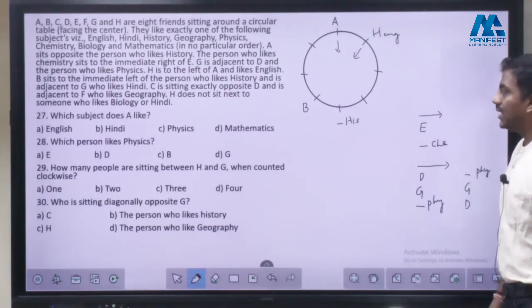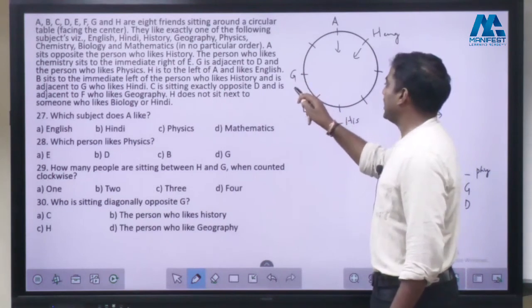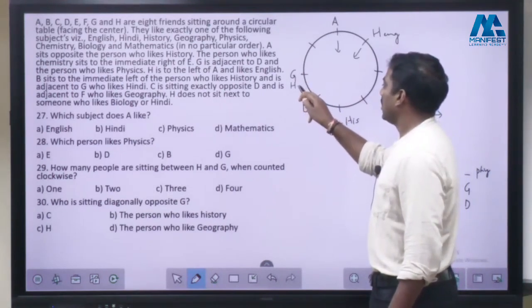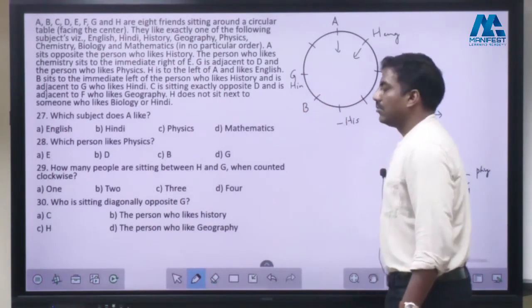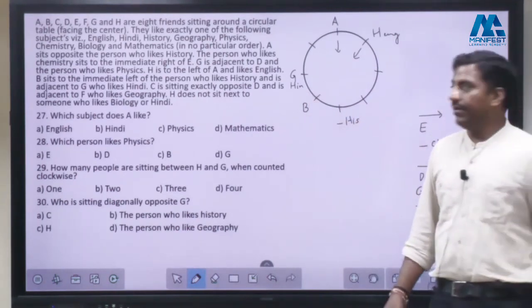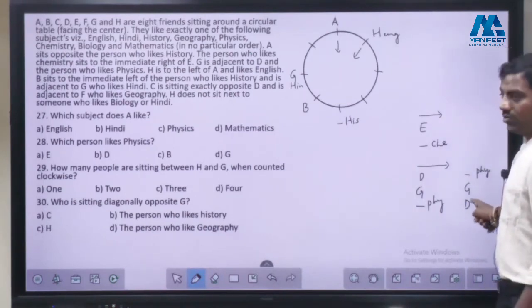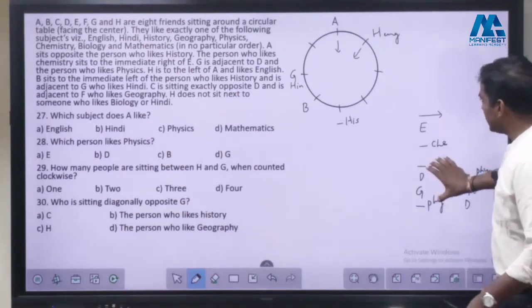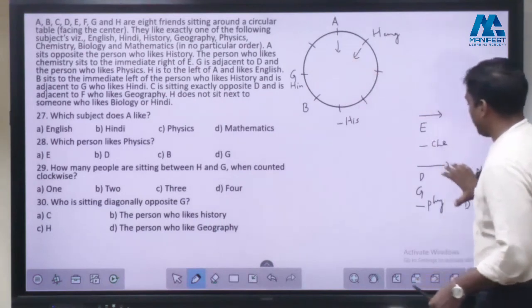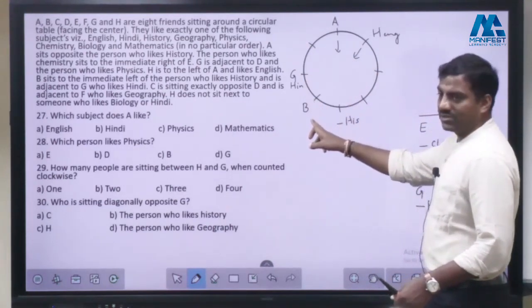And B is sitting adjacent to G, who likes Hindi. Be careful, history, Hindi. Now, any connect? Yeah, G has come here, no? So take this and try to fit in here. Can I put D here and physics to this person?